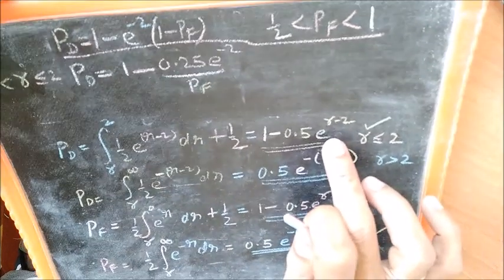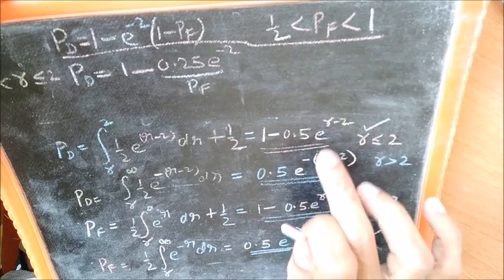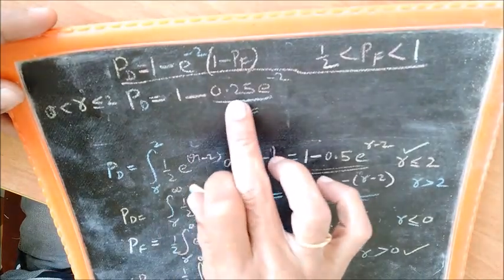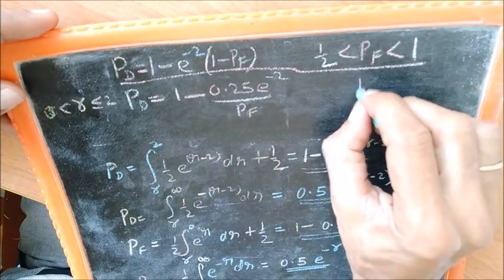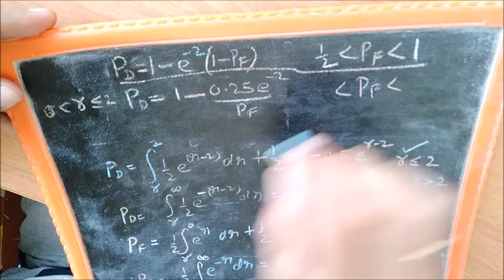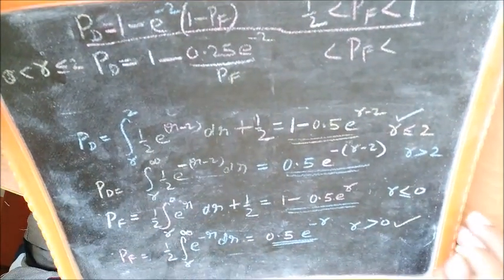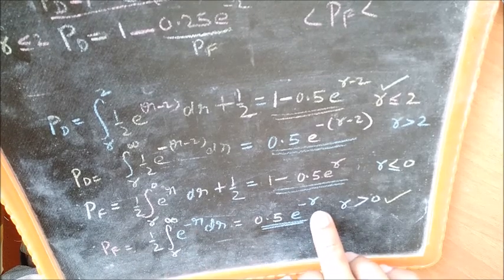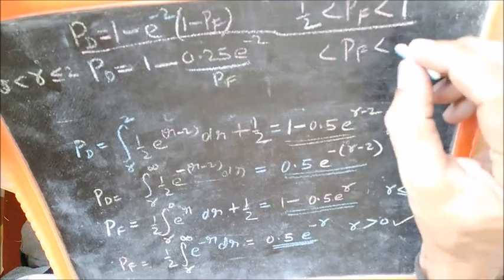Substitute that here, and you will get 1 minus 0.25 e raised to minus 2 by PF. And the PF range will be, when gamma is 0 to 2, what happens to PF? For gamma greater than 0, this is the PF as I said. When gamma is 0, PF is 0.5.